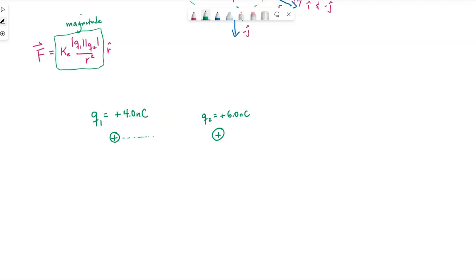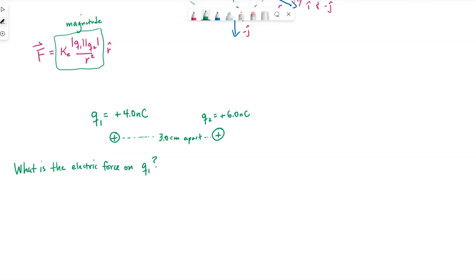And let's say they're 3 centimeters apart. What is the electric force on Q1?